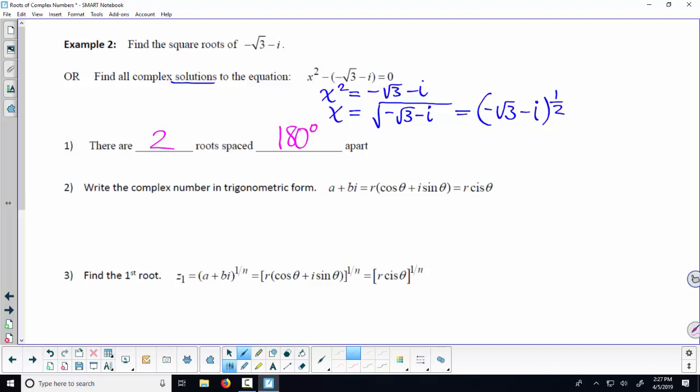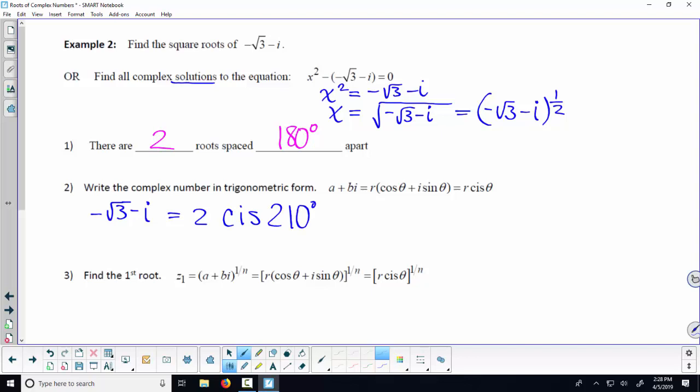The first thing we're going to do is write that complex number in trig form, which we have done, so I'm just going to go ahead and go to that. If I have negative square root of 3 minus i, remember this is located in quadrant 3, and it's also 2 units from the origin. So I have 2 CIS 210 as its equivalent.